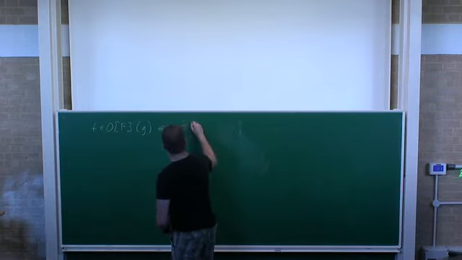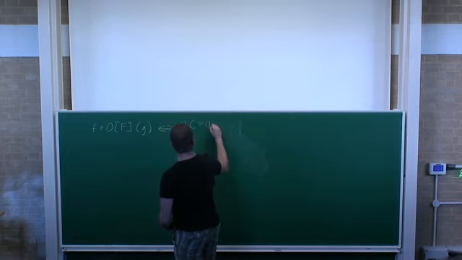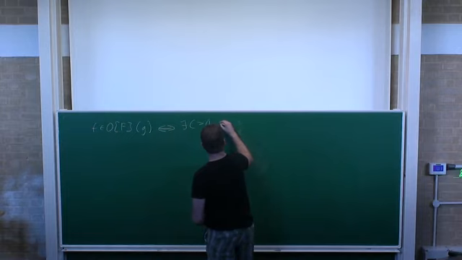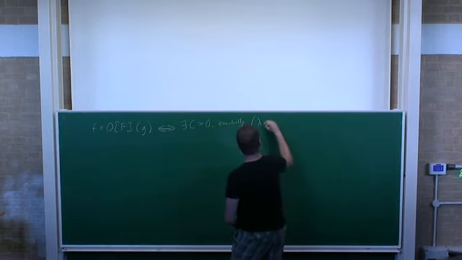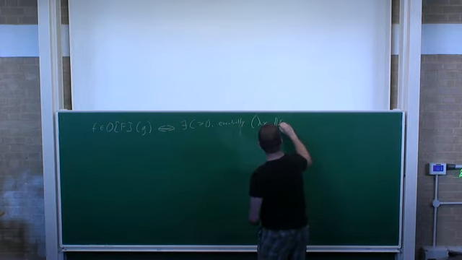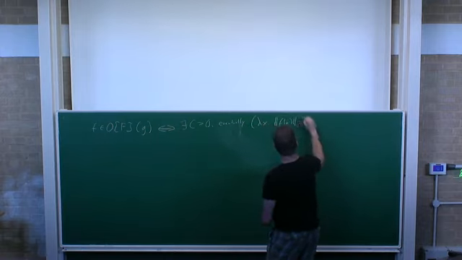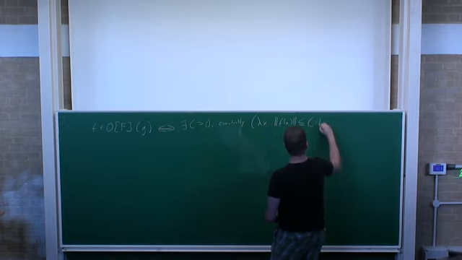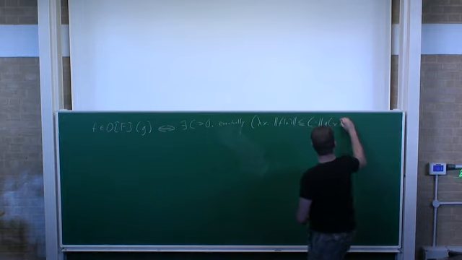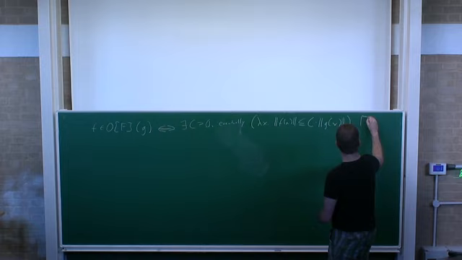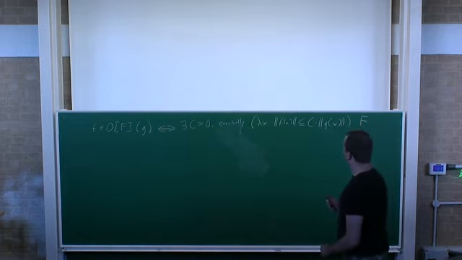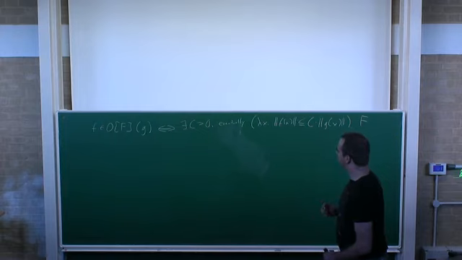There exists some c greater than 0 such that eventually... should that be g of x? Where does this little f go? Oh no, it's this f, sorry. Yeah, I found it.